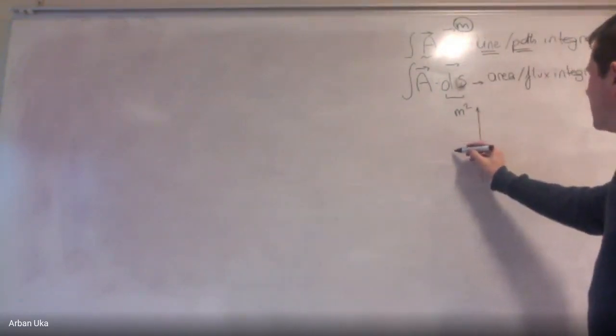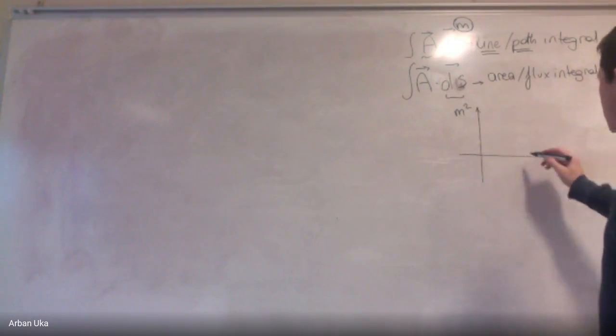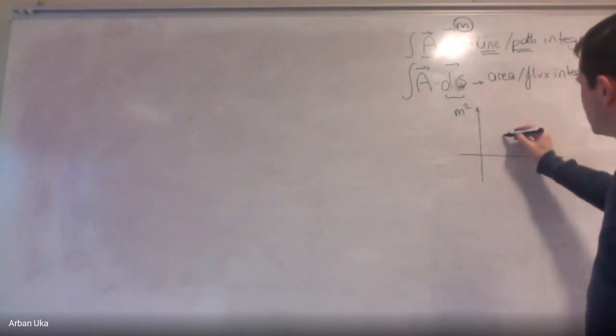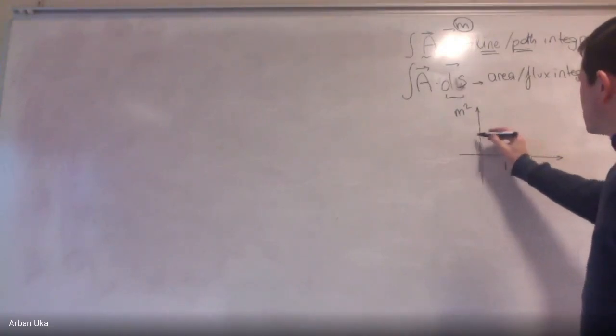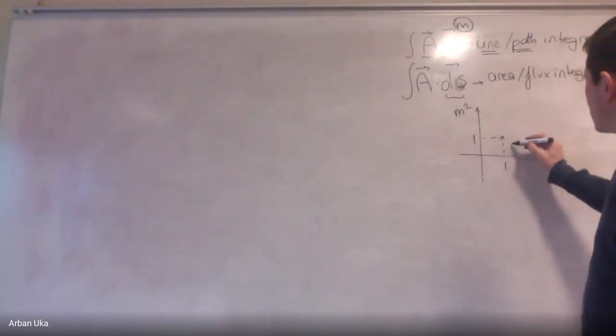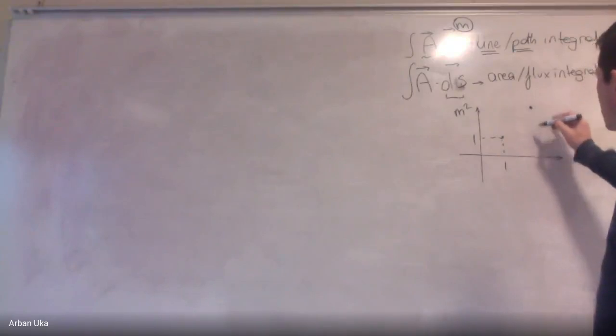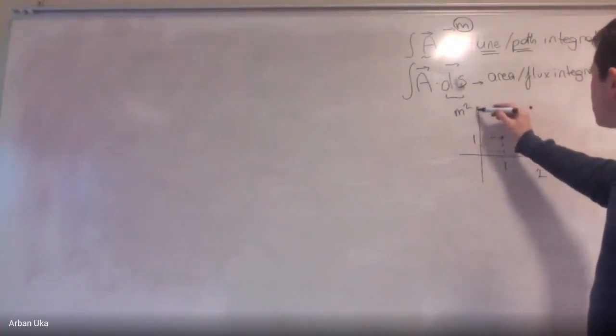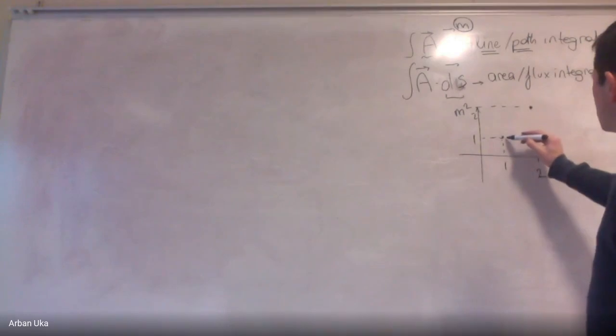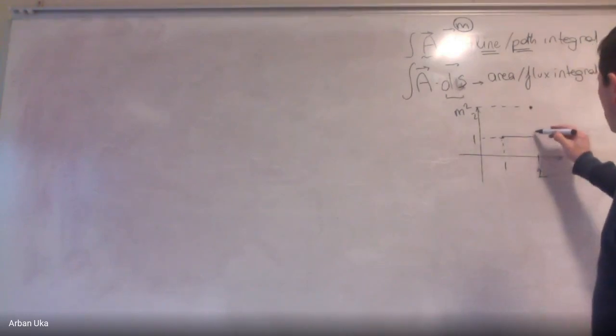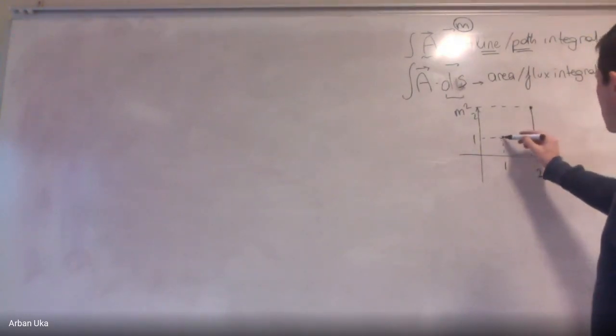Let's assume that we have a vector quantity, and we want to find the line integral. Let's assume this is (1, 1). We want to go from this point to another point here, which is (2, 2), through this path.